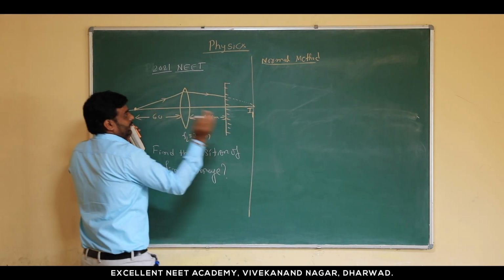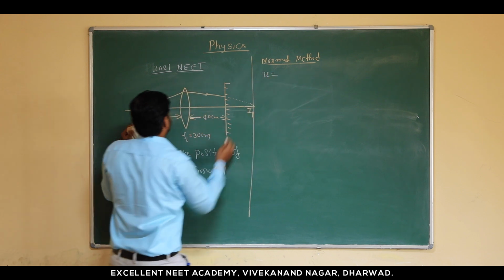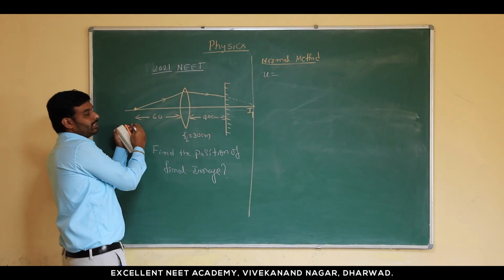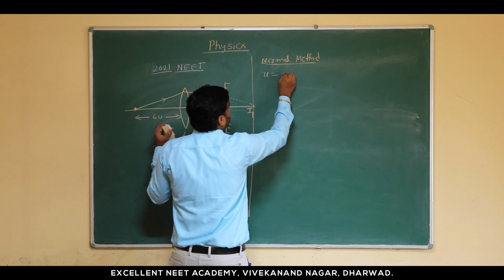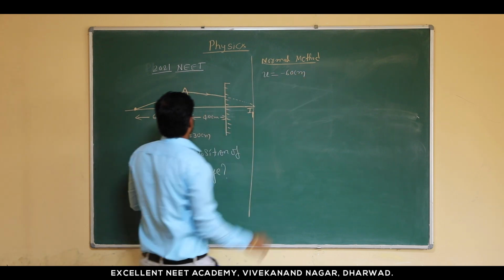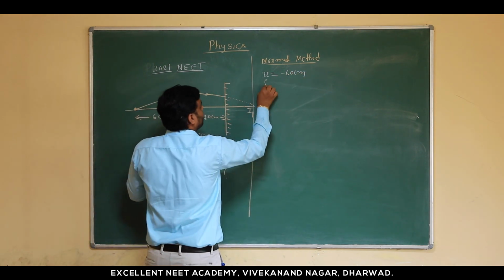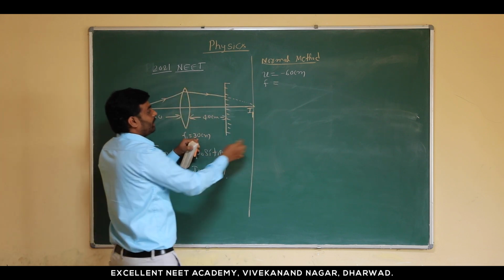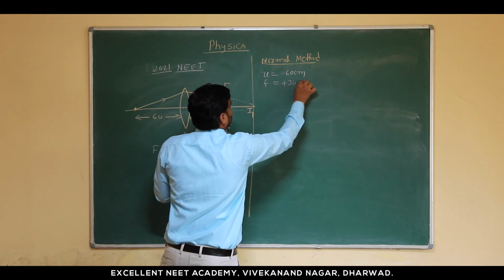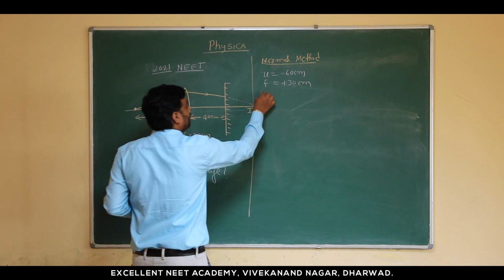Object distance is taken to be negative because it is beyond the lens, therefore this is minus 60 centimeter. The given focal length of the lens, this is a convex lens, therefore I will take plus 30 centimeter. We have to find the image distance.